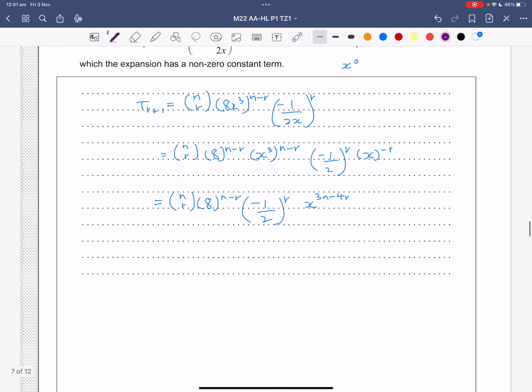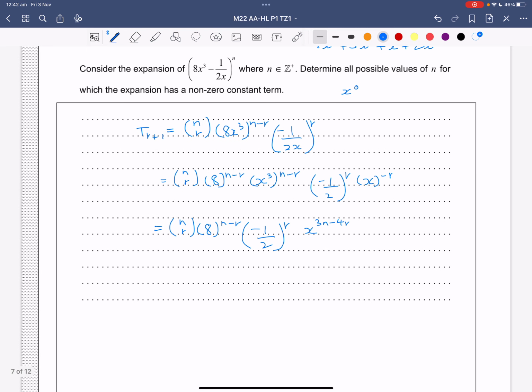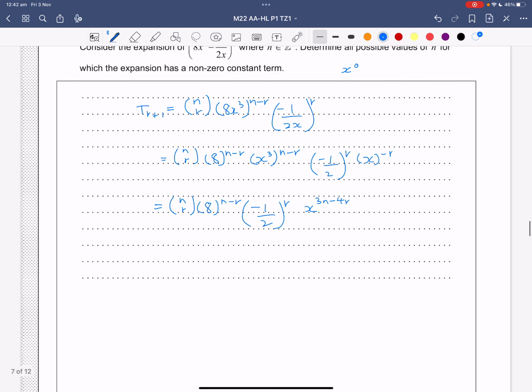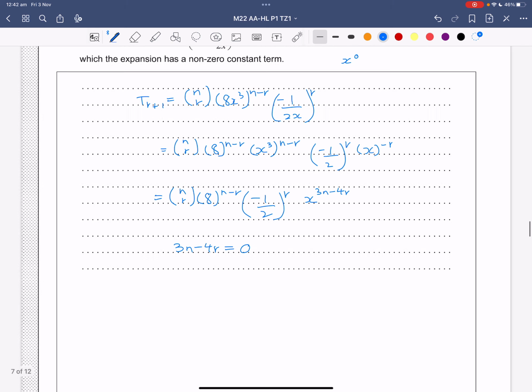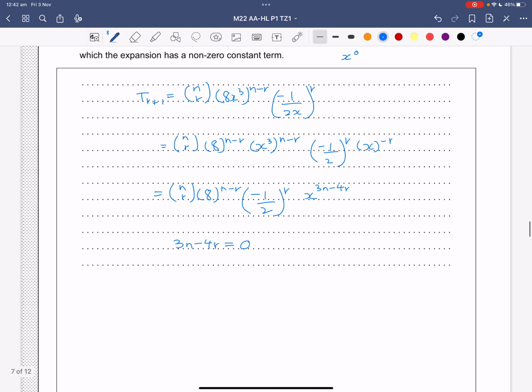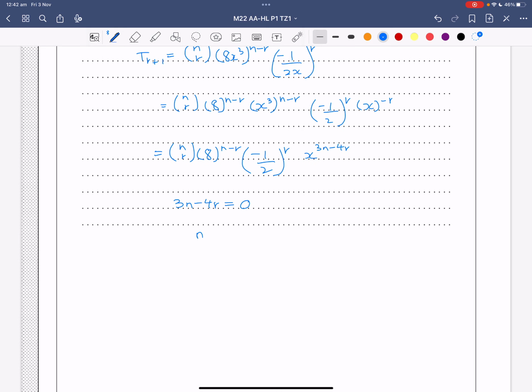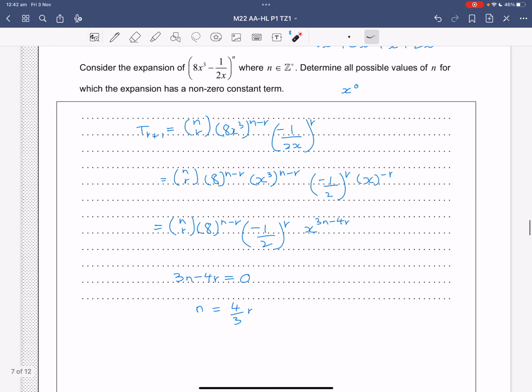Now, as we discussed previously, we need to find the coefficient of the term which is x to the power of 0. So we can set 3n - 4r equal to 0. Solving for r, we get that n must equal 4/3 of r. The question has told us that n is a positive integer.